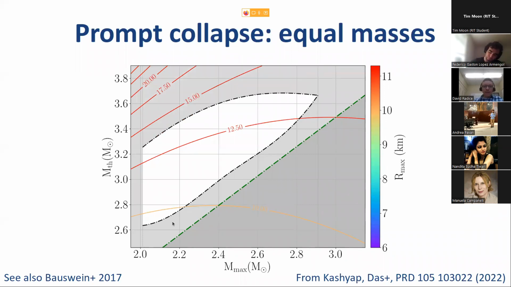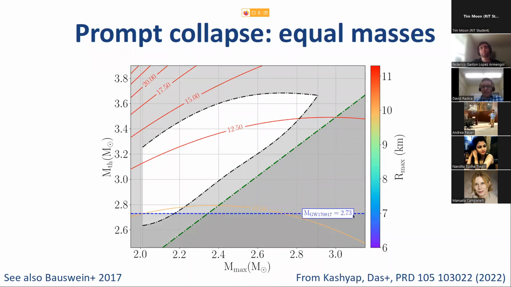And similarly, mostly because of the upper limit we have on the tidal deformability, we can exclude equations of state that are too stiff, so they produce too large neutron star radii. And so we can cut out also this part of the plane.